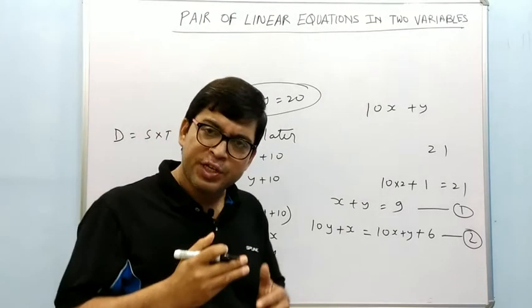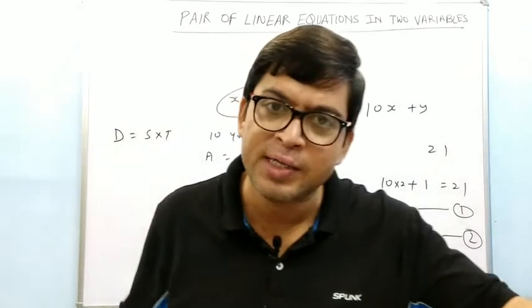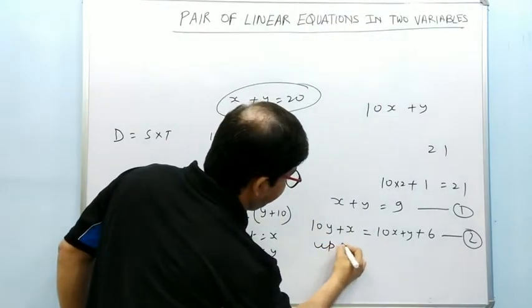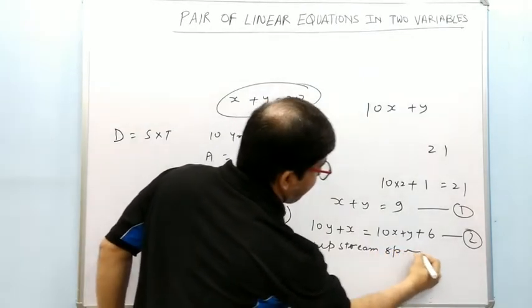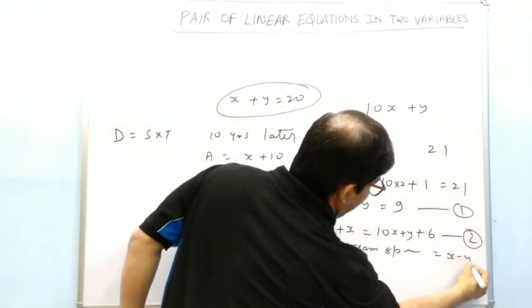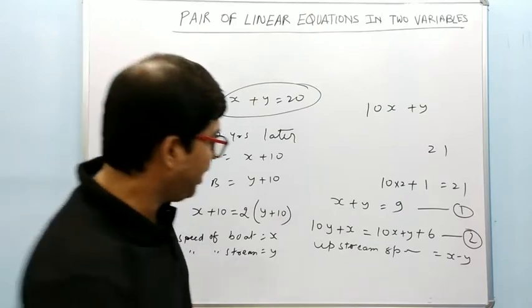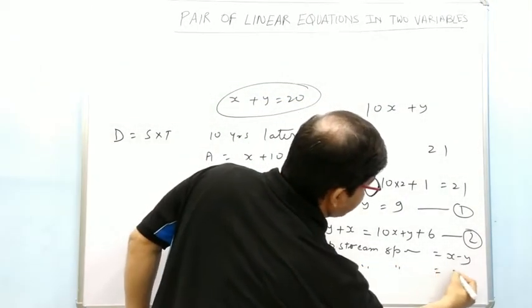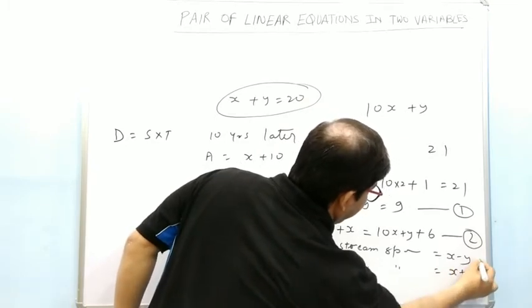Upstream means water is opposing the boat. So in that case, upstream speed will be x minus y, and downstream speed is equal to x plus y.